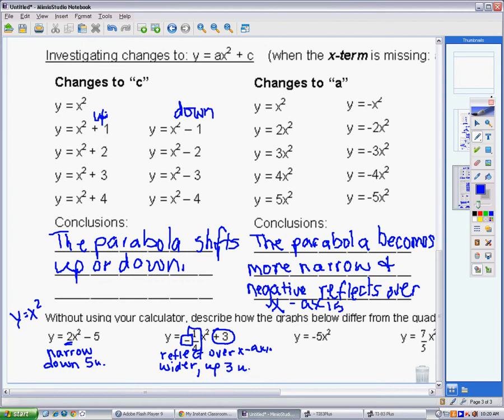Okay, so I don't need to graph it. I can tell by looking at the numbers what's going on with the graph. Y equals negative 5x squared. Well, that negative makes it reflective. So it reflects. And that 5 makes it narrow.